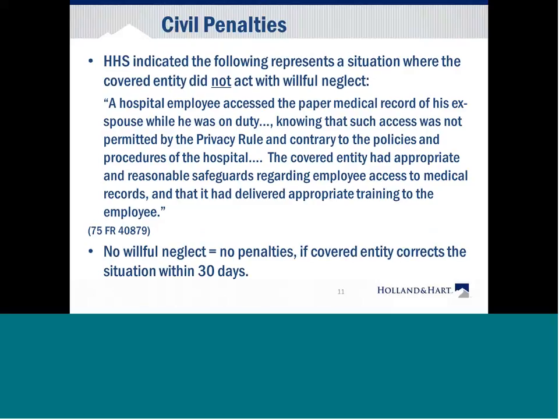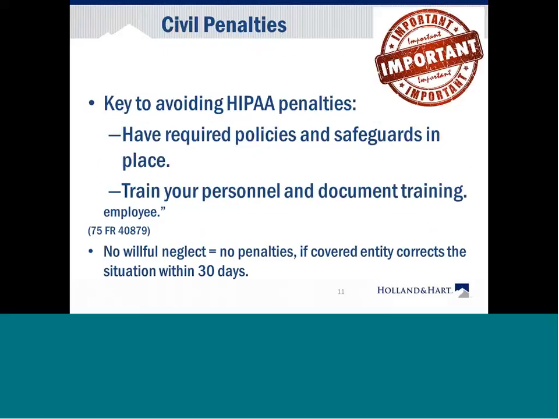Under that situation, even though the hospital employee violated HIPAA and may have acted with willful neglect, the government said, hey, in that situation, the hospital did not act with willful neglect. There was still a HIPAA violation, but the hospital did not act with willful neglect. That means that if the hospital corrected the situation within 30 days, they would not be subject to HIPAA fines.